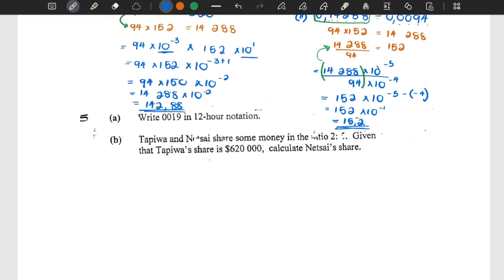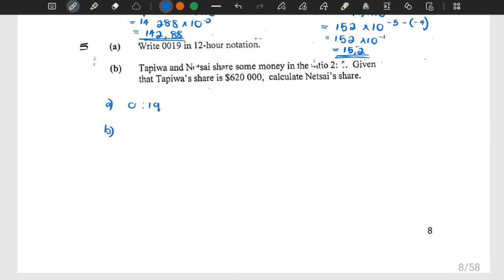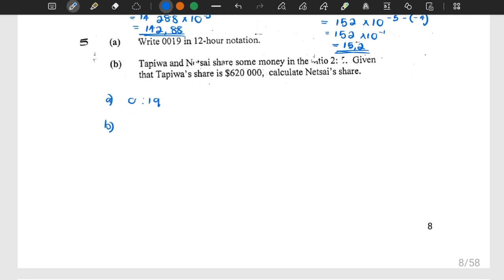Next it says write 0019 in 12-hour notation. So this is 19 minutes past midnight. In 12-hour notation, that's just going to be 12:19 a.m. And then part B says Tapio and Natsai share some money in the ratio 2:5.